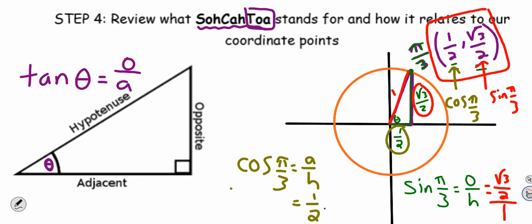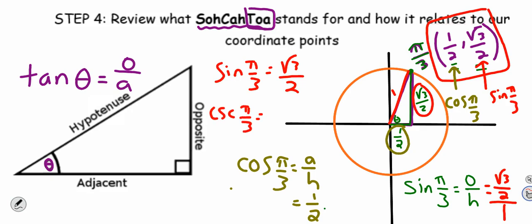See how sine of pi over 3 is equal to root 3 over 2? Well, if we wanted to do cosecant of pi over 3, we could say 1 over root 3 over 2, but instead, we're just going to flip these two, because that's what a reciprocal is. We take a fraction and we flip it. And so cosecant would be 2 over root 3.